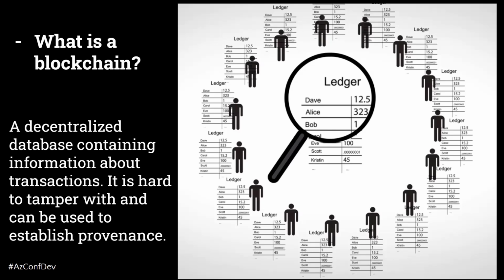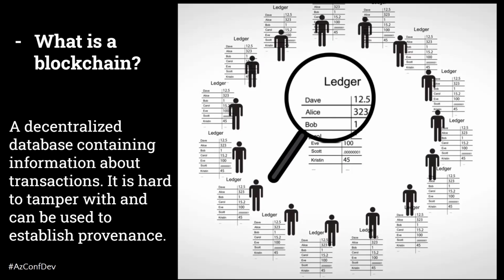Blockchain has several advantages. Some of them are that it is really hard to tamper with the data present inside a blockchain. Another advantage, which is significantly used in domains like supply chain or finance, is that blockchain can be used to establish provenance. What is provenance? Provenance is the ability to track the beginning of an object.